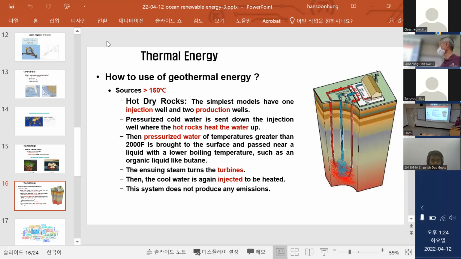Hot dry rocks over here, volcano something. So there can be one injection well to produce hot pressurized water. Then you can utilize steam turbines, and also cold water should be injected.